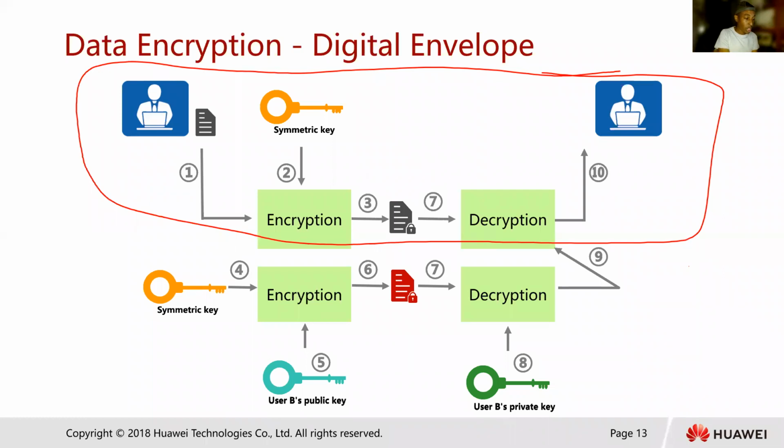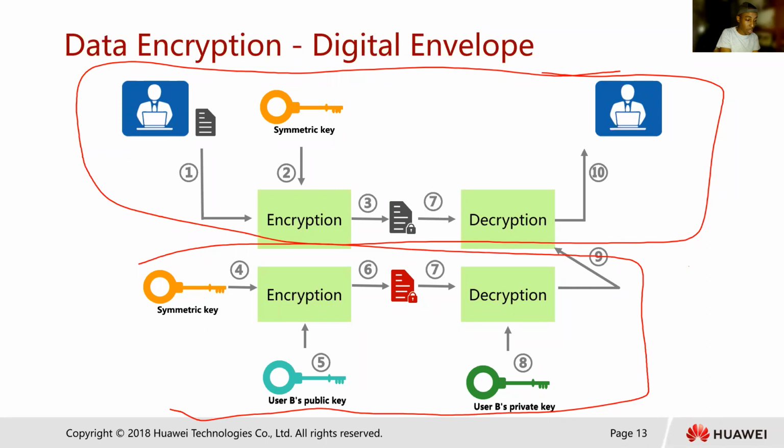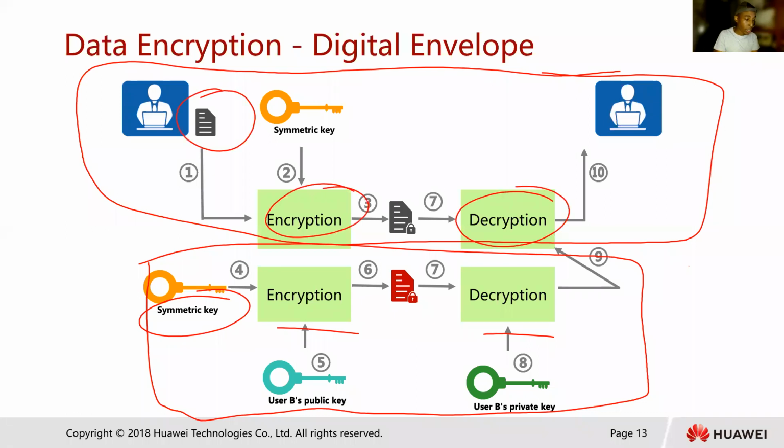But we want to assure people that we are not transmitting the symmetric key anyhow. So we have another parallel process of ensuring a secure transmission of the symmetric key. So this is an encryption process that relates to the symmetric key. This is an encryption process and a decryption process that relates to the plain text. I hope you are now getting it, Mukiribosi.